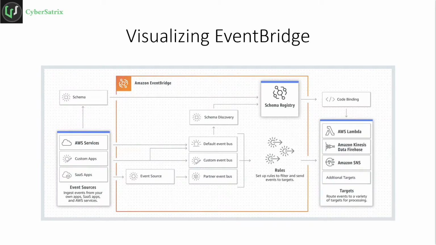So again, it's always helpful to visualize whatever the concepts that I explained. So if you see here on the left hand side, we have all these different services that we have, and then when you send a service from here, the Amazon EventBridge will act as a bridge, as it mentioned, and it will have an event bus. Every single combination of source and target will have its event bus, right?